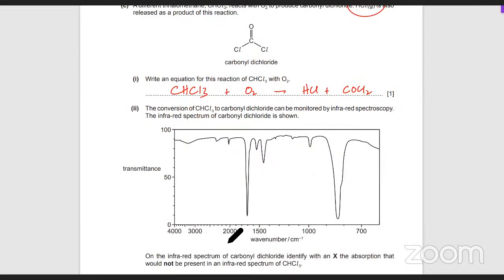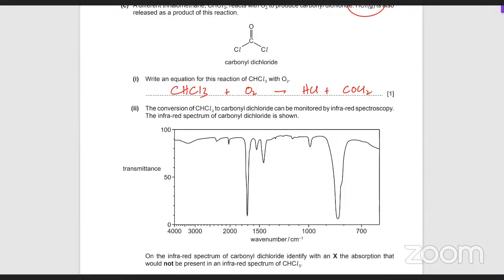Now he's asking, ये कौन सी absorption होती है at 1600? But data booklet, where's the data booklet? 1600. What's the C double bond O? Yeah, that's a C double bond O, right? So that's probably the only absorption that you can see.